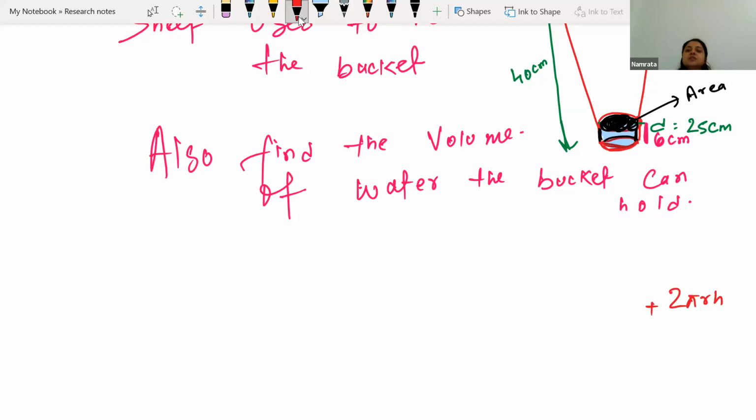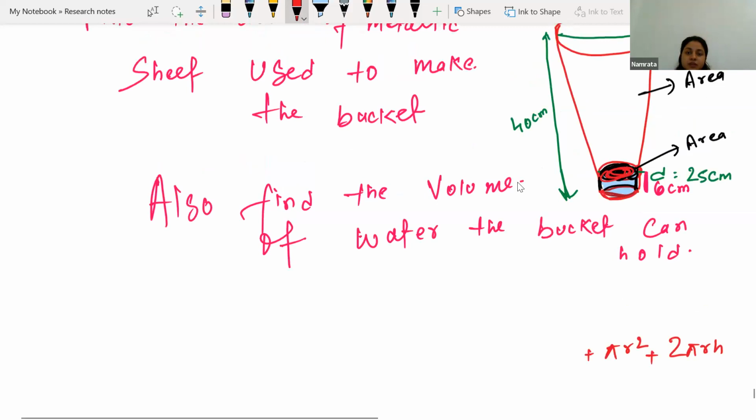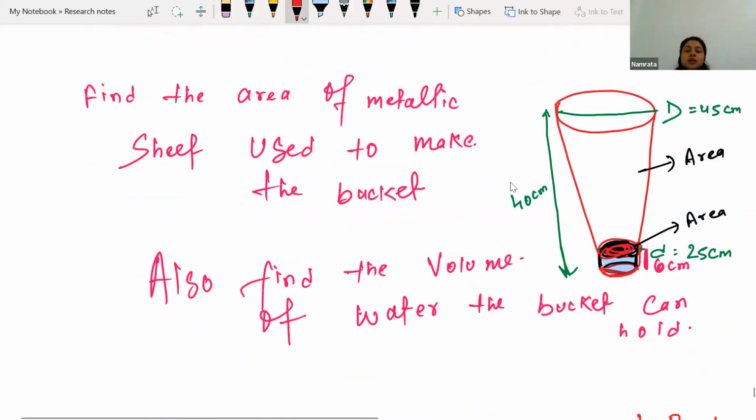Before that we have a circular bottom. A circular plate must be there so that the bucket can hold water. And before that we will take the formula for the surface area of this frustum of a cone. Now do we have all the information in hand? Just a second.